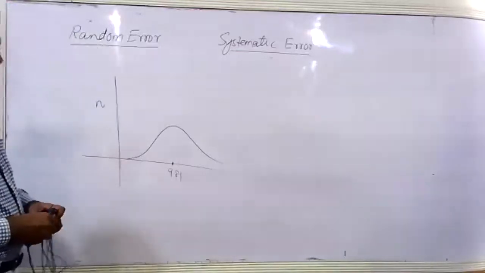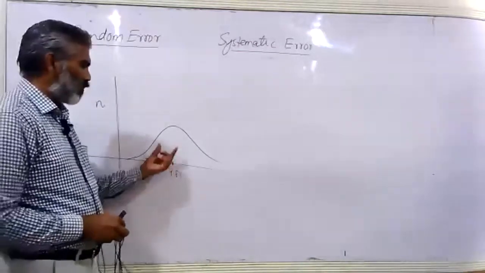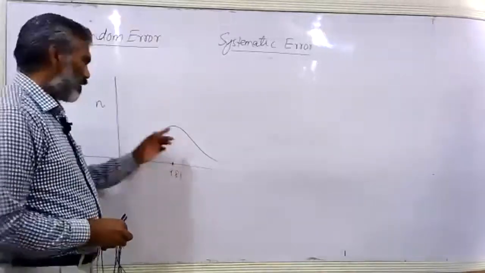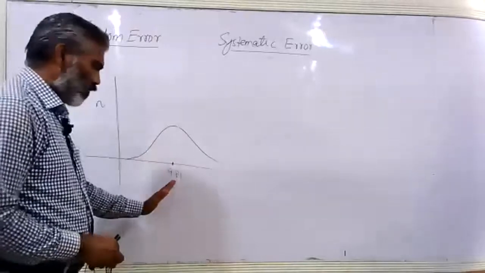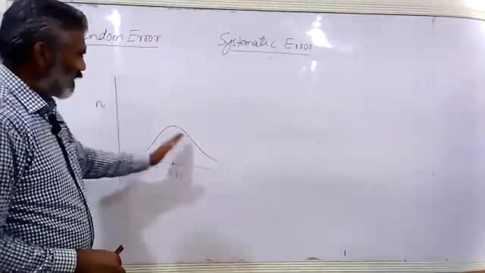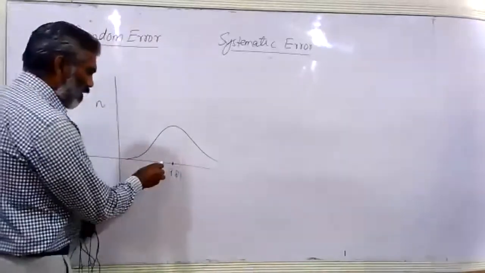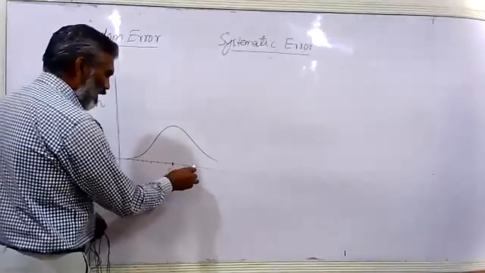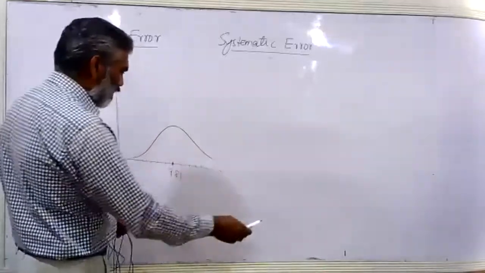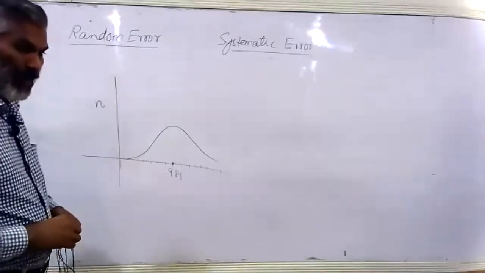This means that most of the values are close to 9.81. So the number of readings will be large when you are close to this. This is the distribution of all these values. Some of your values are on this side, some are on this side. That means there will be a random error here.